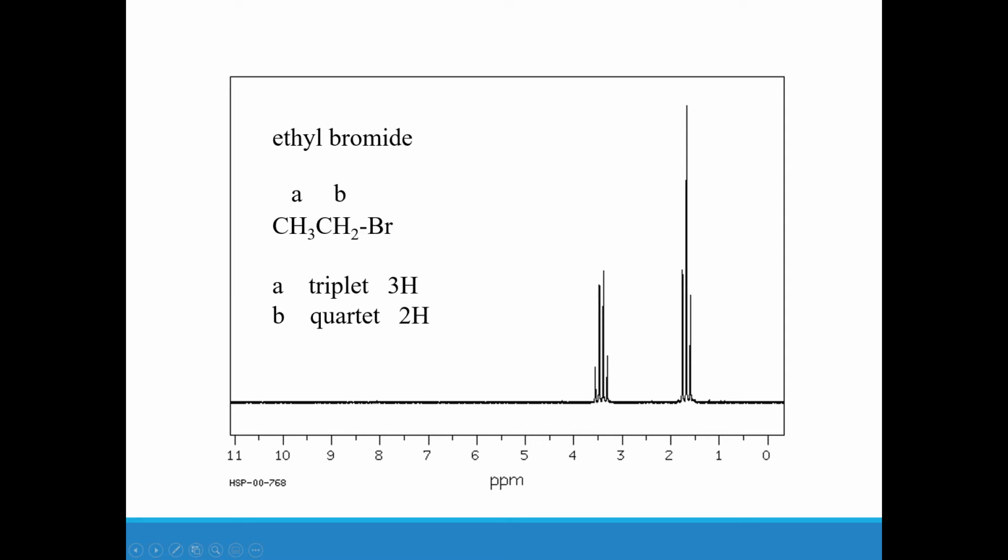So now we can go on to a more complicated example, ethyl bromide. Again, all of these hydrogens are sp3 hybridized, so we expect them to be more upfield. So the group that is further away should be less shielded and should be more downfield.